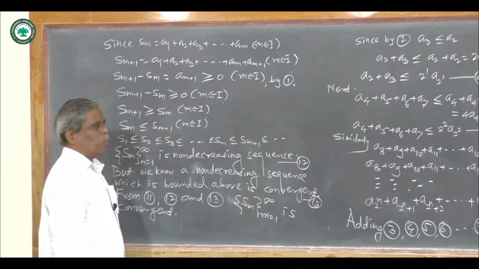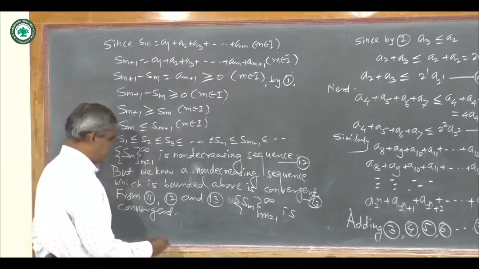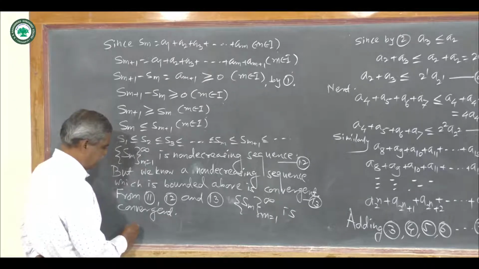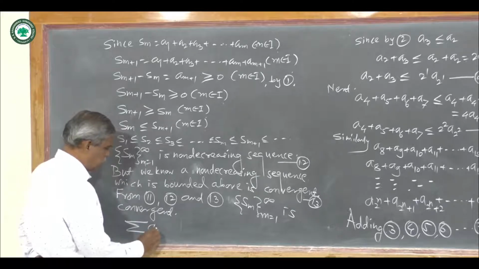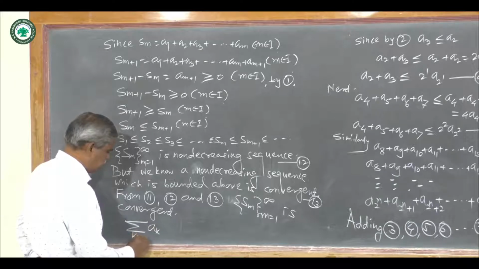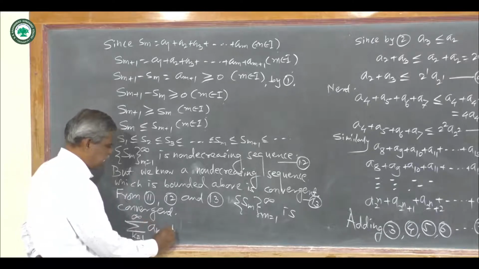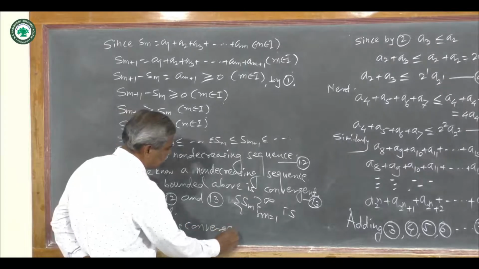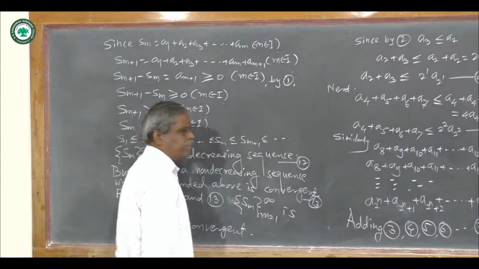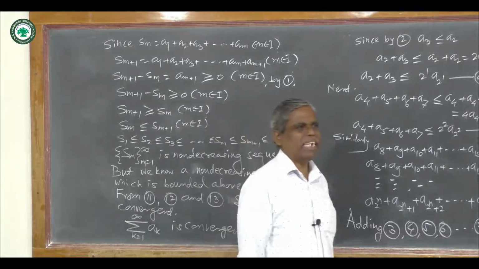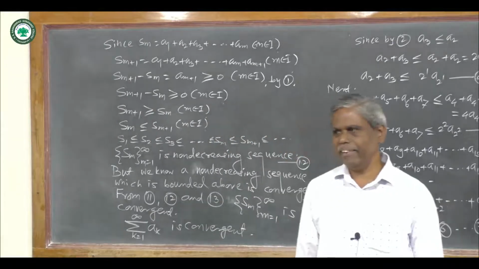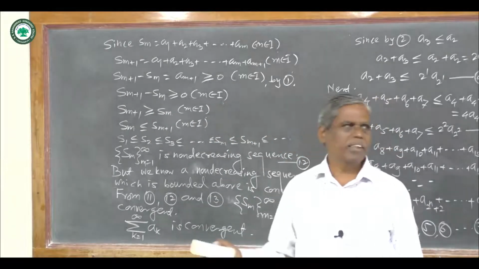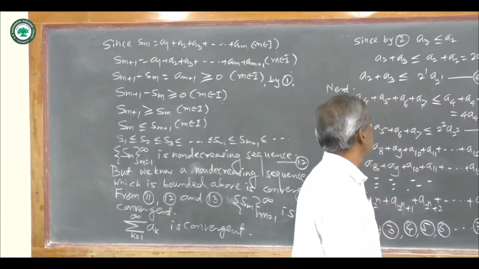Therefore, by definition of a convergent series, sigma a_k, k equal to 1 to infinity is convergent. Hence the proof of Cauchy's condensation test.